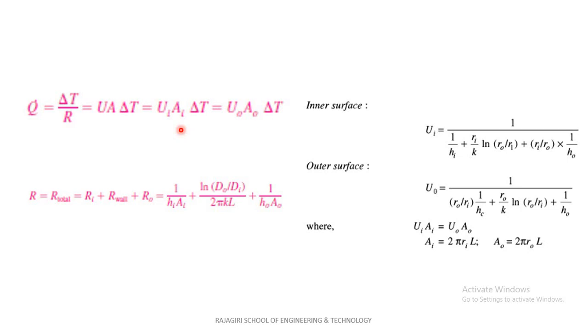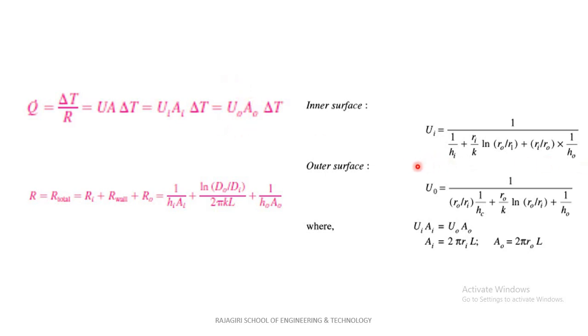So, we may have two overall heat transfer coefficients depending on which area we are considering. If we consider the inside area, then we will get an inside overall heat transfer coefficient. If we consider the outside area, we will get an outside overall heat transfer coefficient.